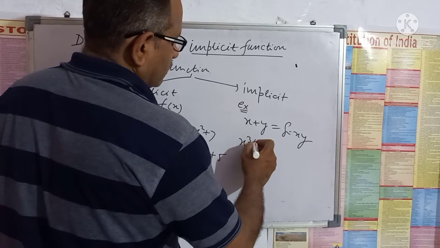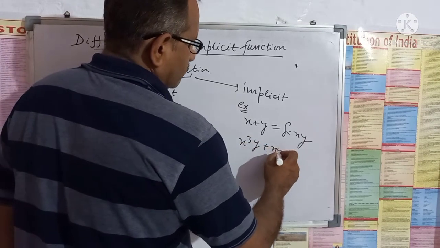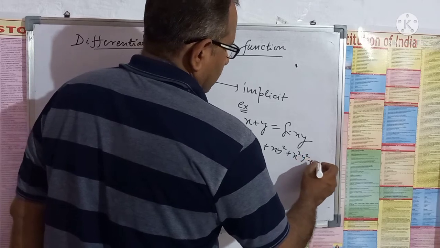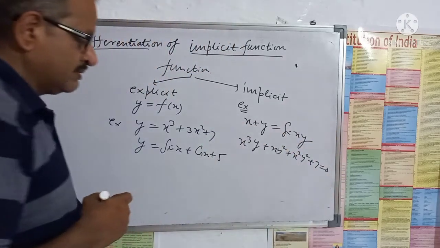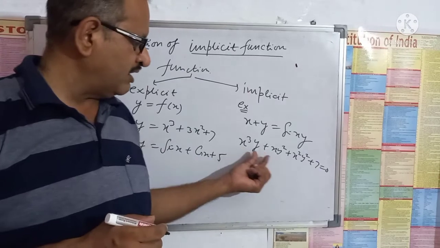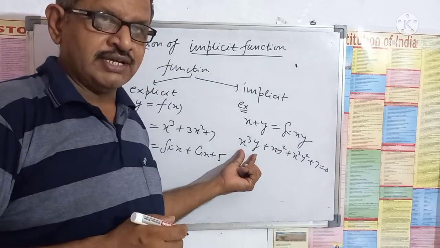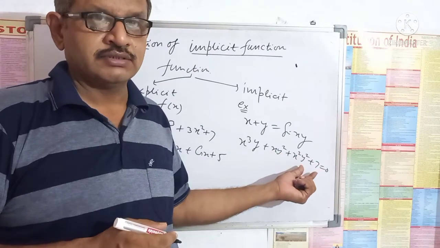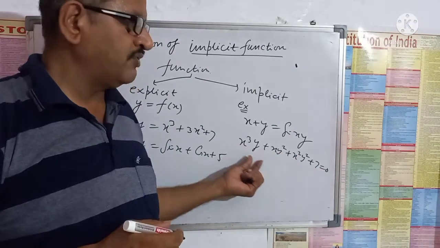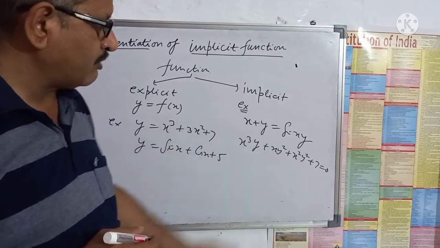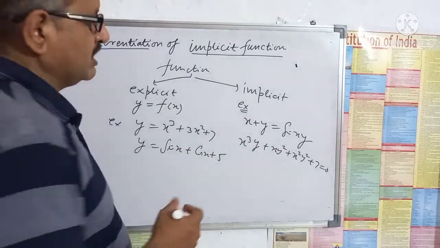Another example, suppose x cube y plus xy square plus x square y square plus 7 is equal to 0, like this. Here x and y are mixed together in a complex way. We cannot write the variable y in terms of x. Okay. So it is very difficult to write y in terms of x or x in terms of y. So this type of function is called implicit function.